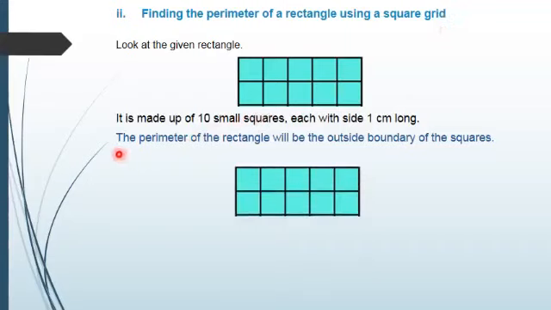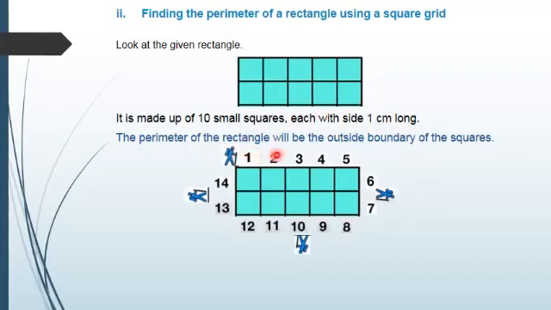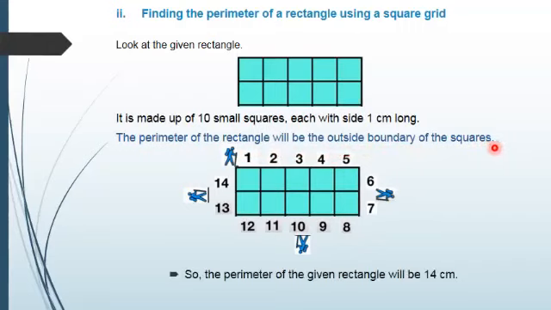In order to find it, we will walk around the outside boundary of this rectangle: 1, 2, 3, 4, 5, 6, 7, 8, 9, 10, 11, 12, 13, 14 spaces. So, it took us 14 spaces to walk around the outside of this shape. So, the perimeter of the given rectangle will be 14 centimeters.